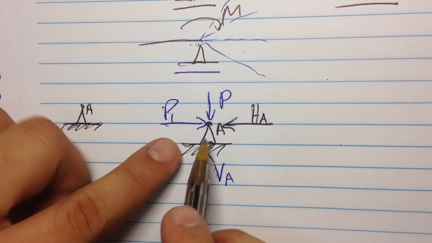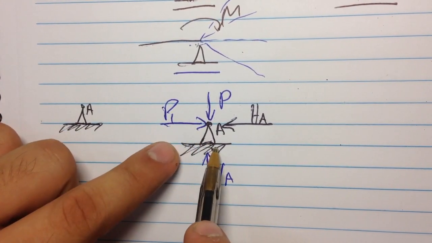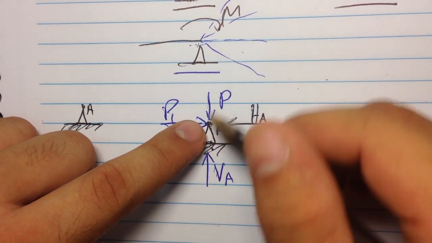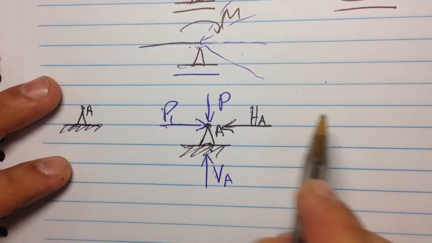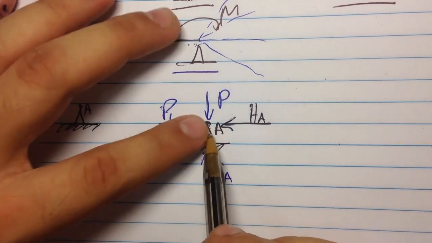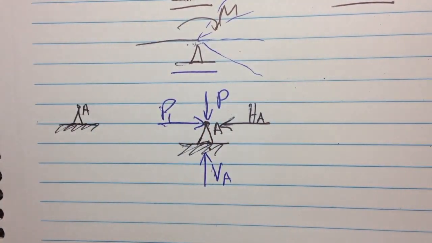What I'm trying to say is that this kind of support restrains the point up and down, and loads that come from left to right or right to left, it doesn't matter. This point is restrained.